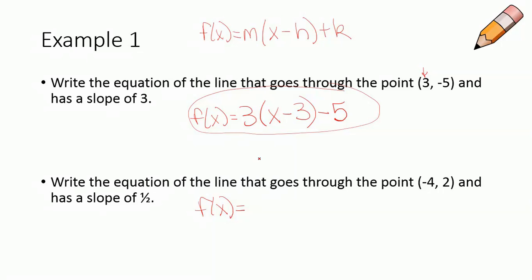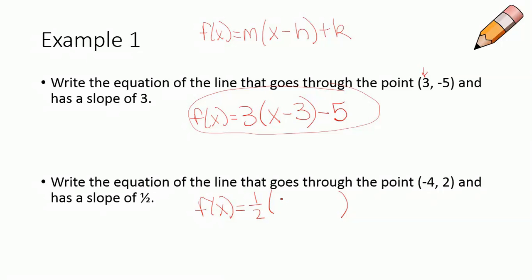So my slope is going to sit outside those parentheses there. This -4, so if I would graph that point, it'd be left 4 up 2, right, to graph that point. So I'm going to think left 4. Well, it's not going to be -4, because remember, in the parentheses, it's backwards from what we think it should be.